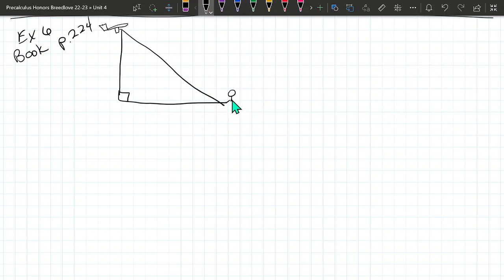And it shows that the distance from the plane to the ground is 150 feet. And it shows that this man is 6 feet tall. And it shows the angle. I do need to draw his head there. Sorry.